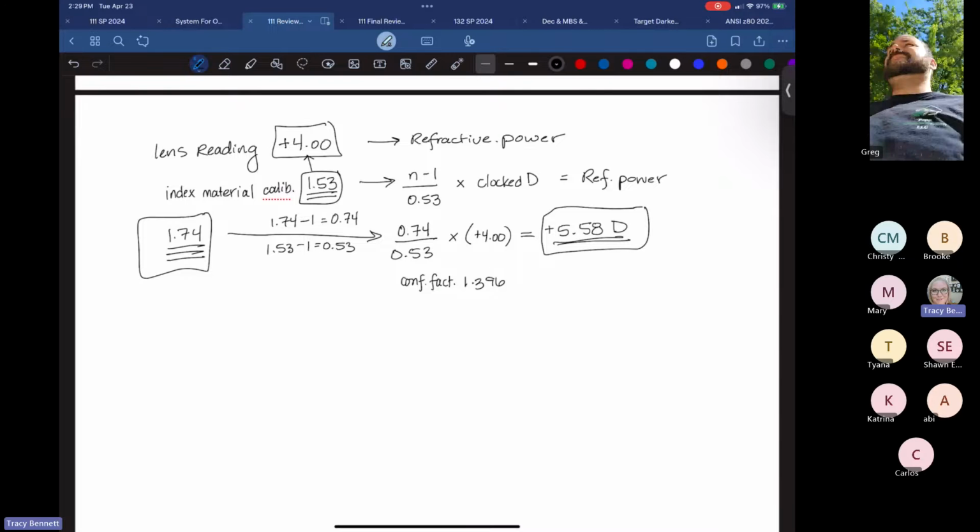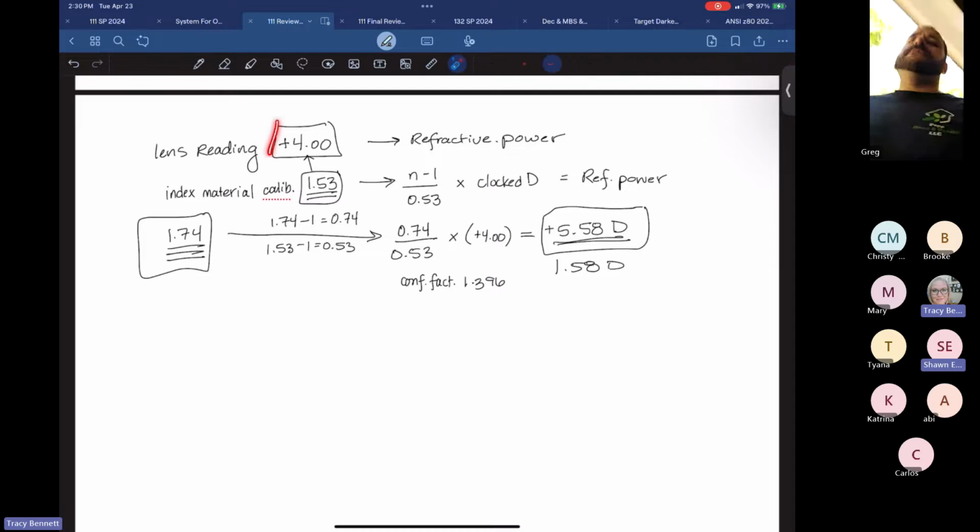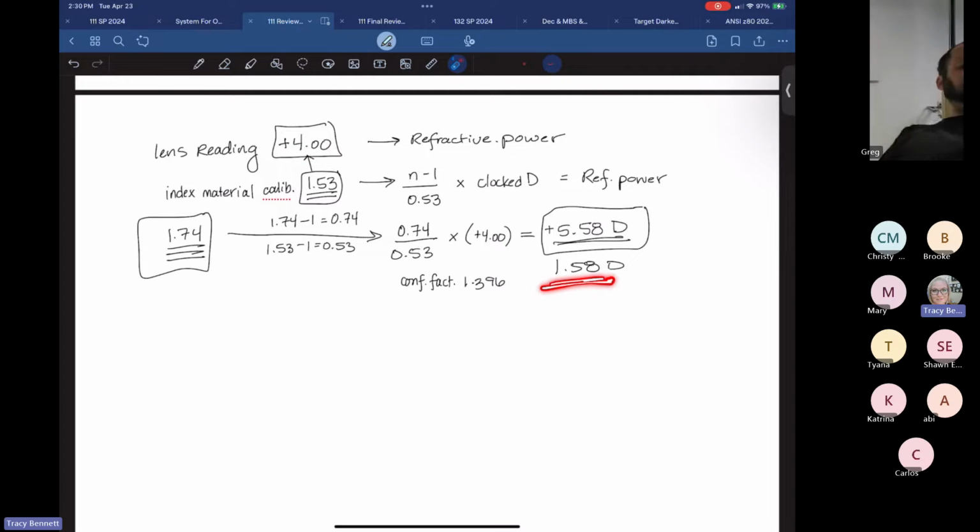So we can kind of go the opposite way. If it gives us 1.58 diopters of power over this 4, right? Then we can actually flatten this 4 curve by 1.58 and we'll still end up effectively with a 4 diopter lens. So that's how they make them thinner.